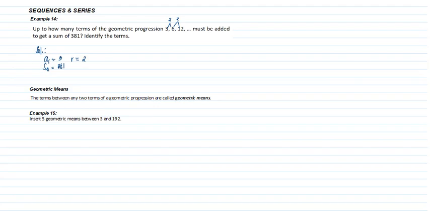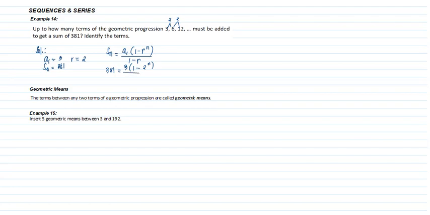So if we make use of the formula, it would be now S sub n is equal to A sub 1 times 1 minus R raised to n divided by 1 minus R. Tapos, we substitute the values now. Yung S sub n is 381. And then, yung A sub 1 there is 3 times 1 minus 2 raised to n.